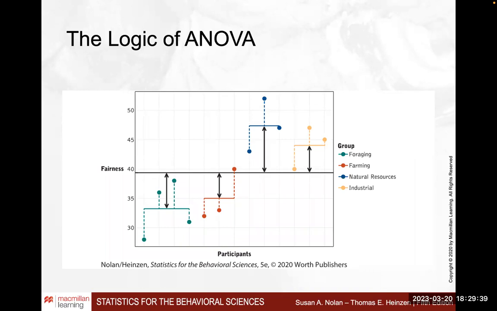And we have here the black line, which depicts the so-called grand mean, that's the mean of means. And the arrows, the group mean relative to the grand mean, indicate the deviations from this grand mean, which is then used for the quantification of the variance between groups.